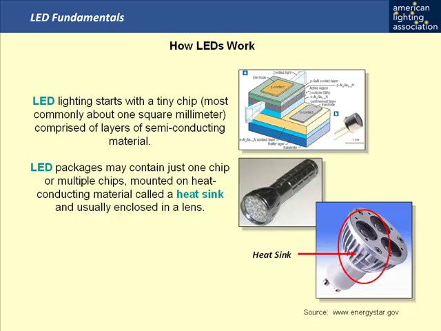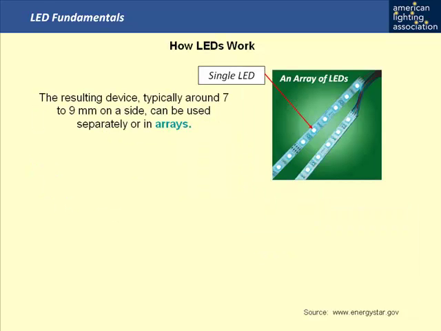The LED packages then, because LEDs are so small, typically come in groups of LEDs. They may contain just one chip, which is very seldom, or a group of chips mounted on a heat conducting material called a heat sink, and usually this entire package is then enclosed in a lens that helps promote and direct the light.